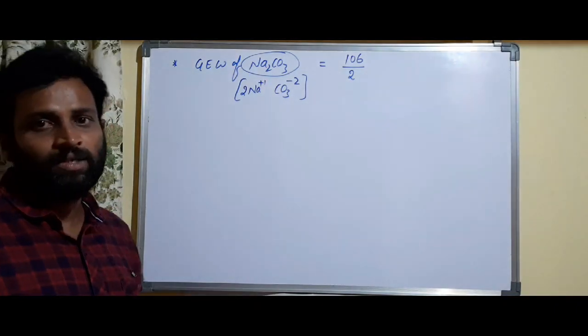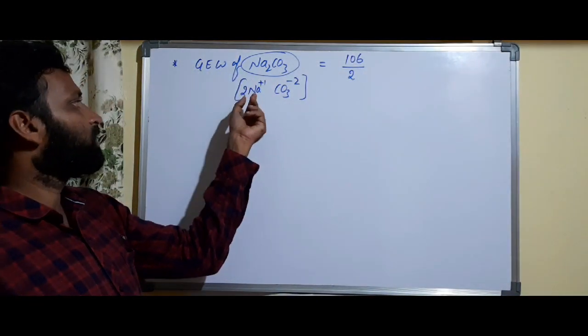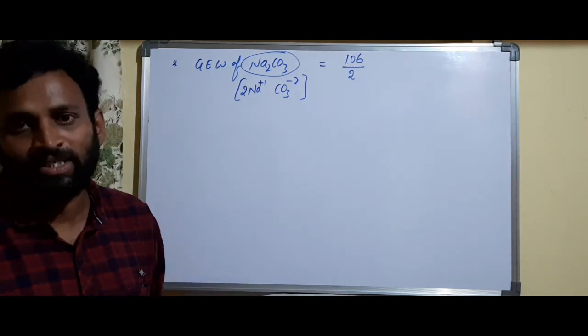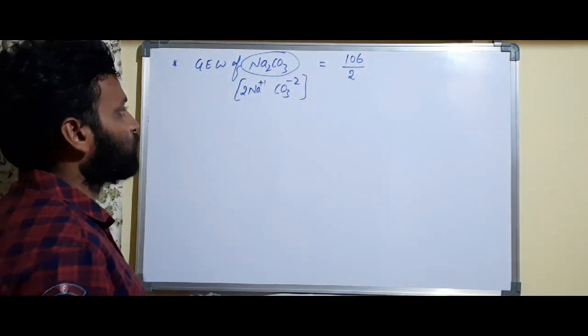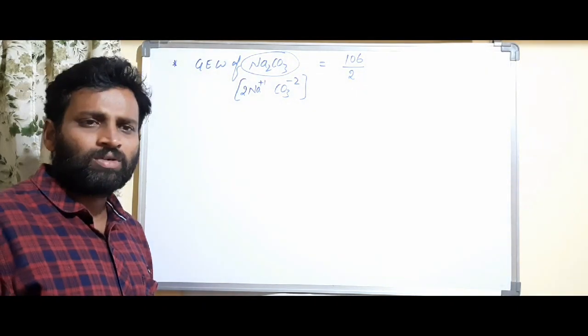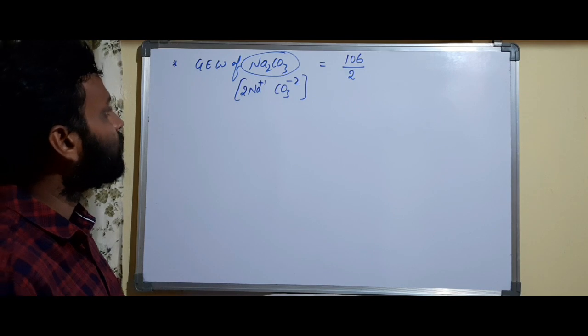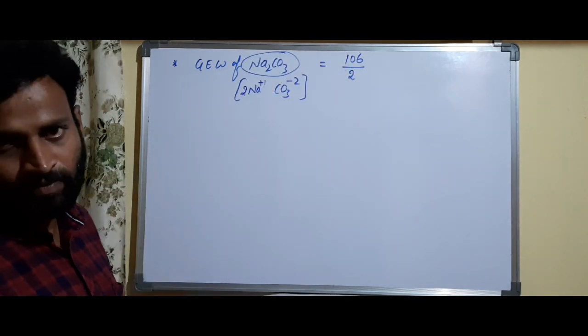Here 2 sodiums are there, so the total charge of 2 sodiums will be plus 2, so you take 106 by 2. It's a simple thing you can remember. Whether it's Na2CO3, KCl, whatever salt is given, you can do it like this. The gram equivalent weight of any salt you will get like this.